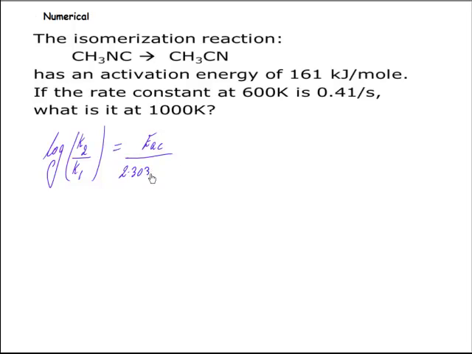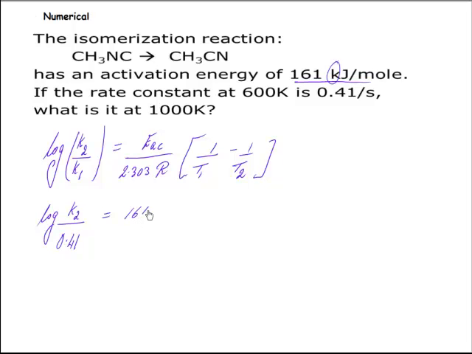upon 2.303 R into 1 upon T1 minus 1 upon T2. The temperatures are given in Kelvin, so no problems for us, and the value of K2 is to be found, but we know the value of K1, it is 0.41. The energy of activation is in kilojoules, and we'll have to convert it into joules by multiplying this value with 1000.